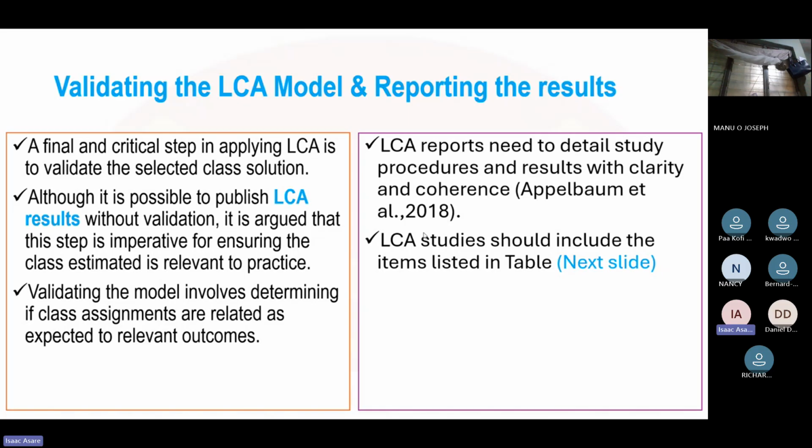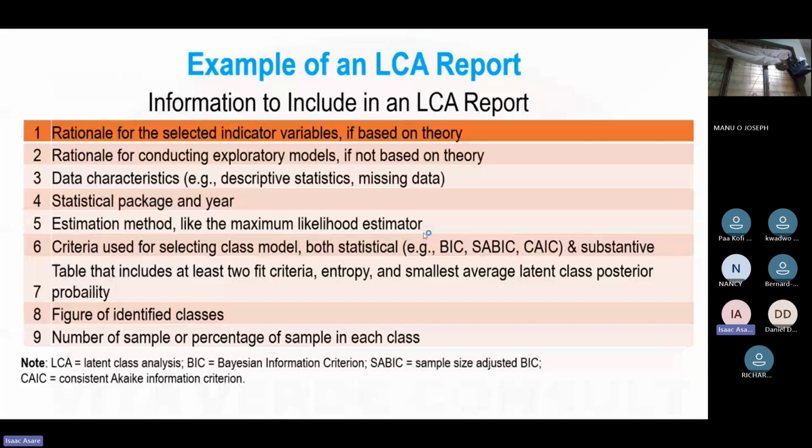Now, what is the estimation method? There are so many estimation methods depending on the kind of analysis that you are performing. We have the maximum likelihood estimator, which is one of the techniques. We have the Bayesian. There are so many of them. So once you are using latent class analysis, the commonly used estimation algorithm is the maximum likelihood estimator.